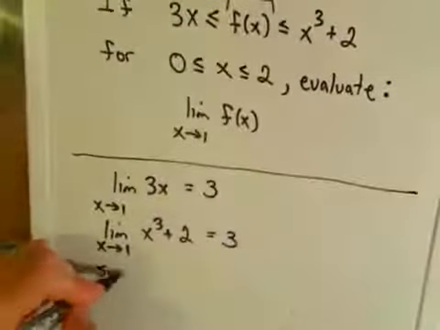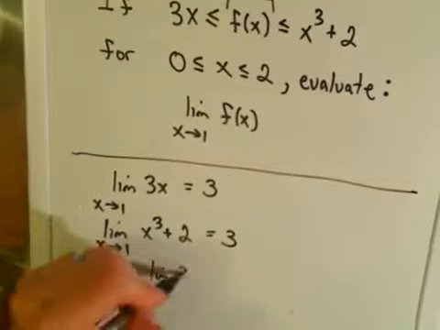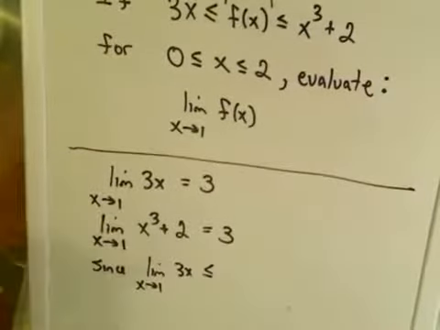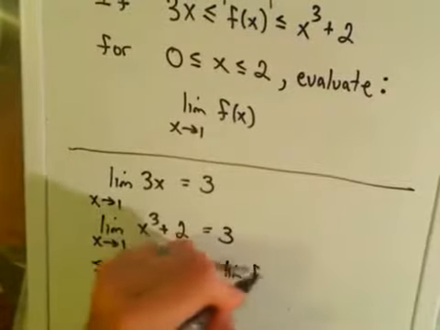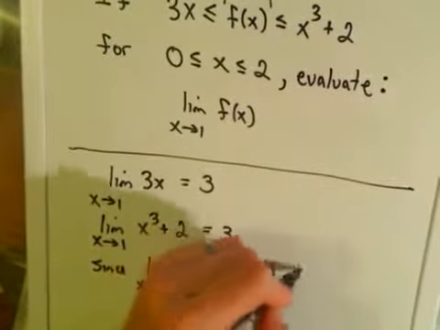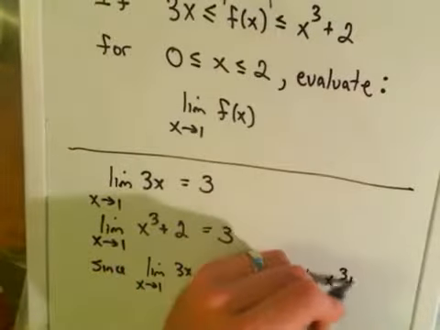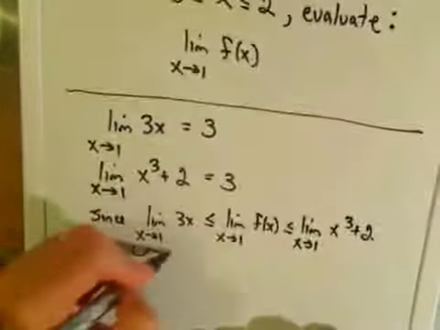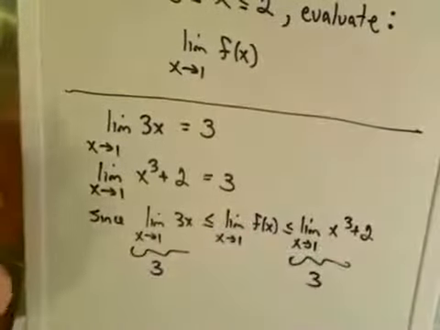Well, since we have the limit as x approaches 1 of 3x is less than or equal to the limit as x approaches 1 of f of x, and that's less than or equal to the limit as x approaches 1 of x cubed plus 2, we know that these outside values are both 3, that's what we just calculated.